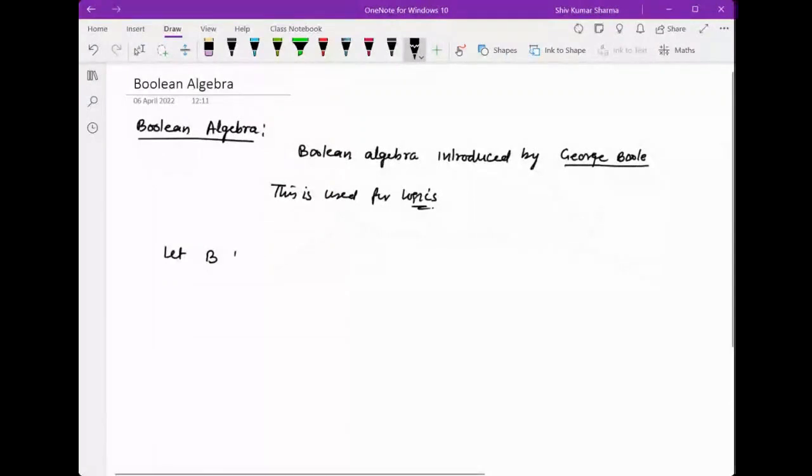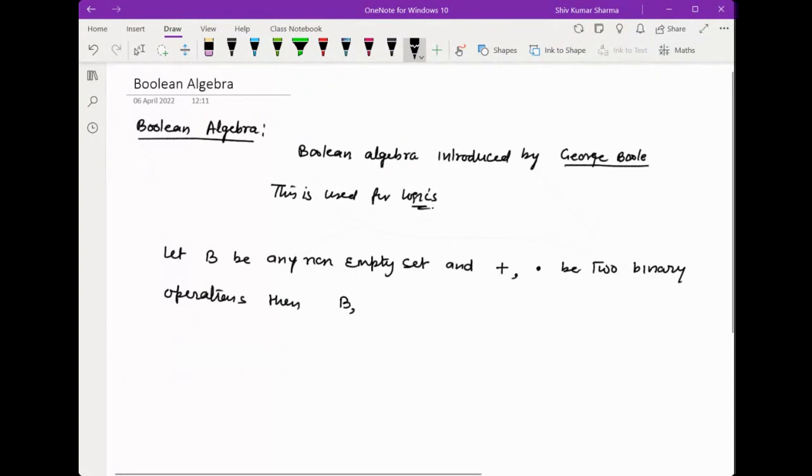Let B be any non-empty set, with addition and multiplication as two binary operations. Then B under addition and multiplication is an algebraic structure.